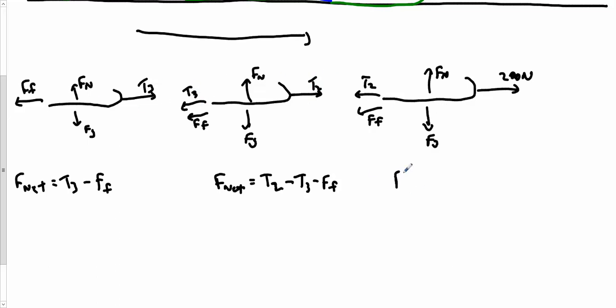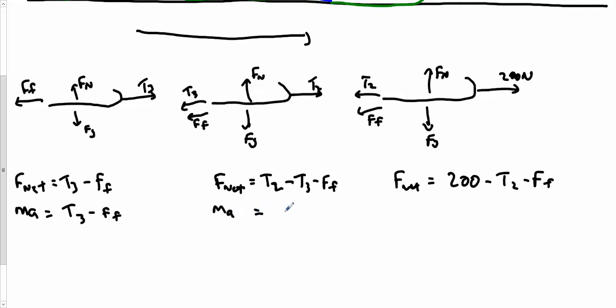And here I get F net equal to 200 minus T2 minus the force of friction. The next step is I put in MA for F net, so MA equals T3 minus force of friction. MA equals T2 minus T3 minus the force of friction. And here I get MA equals 200 minus T2 minus the force of friction.